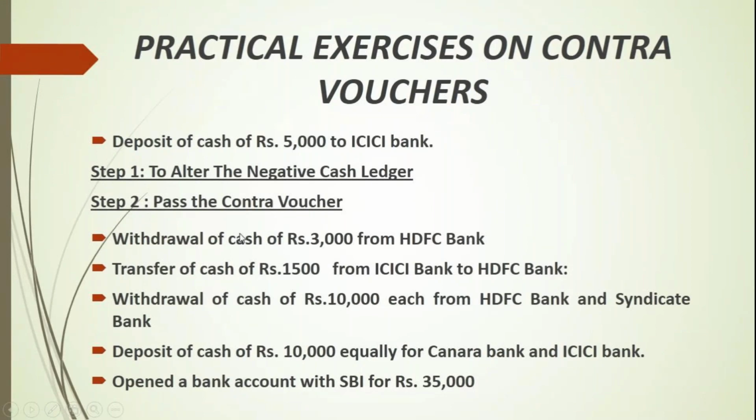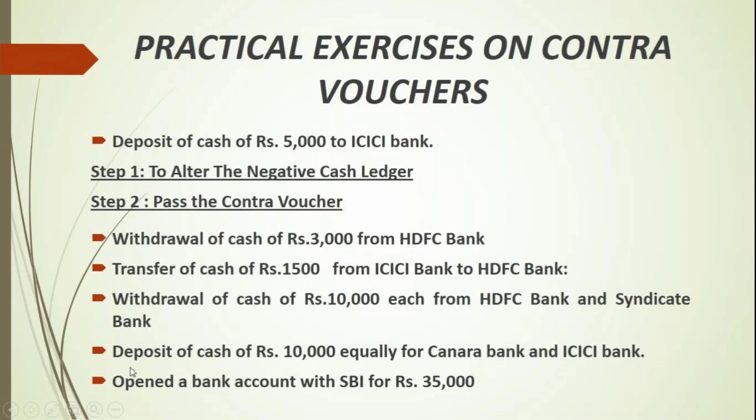Rather, we will pass the fourth and the fifth entry. The fourth entry is withdrawal of cash of 10,000 each from HDFC Bank and Syndicate Bank. Deposit of cash of 10,000 equally for Canara and for ICICI Bank. So what we'll do is we will pass a deposit entry and we'll go for a withdrawal entry next.